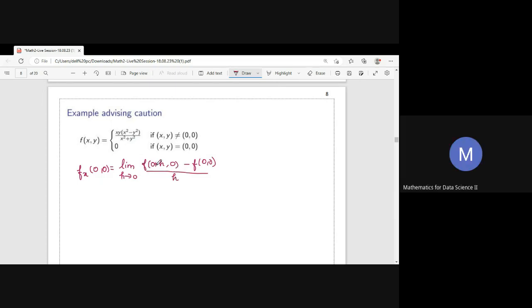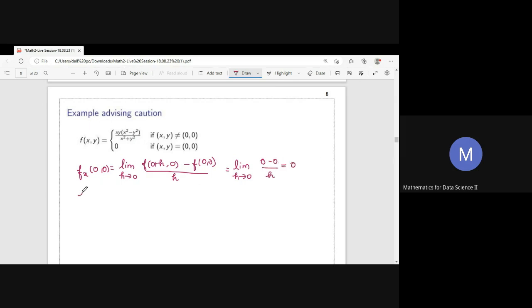And what is now f of h comma 0? For h comma 0, you have to see here. If one value is 0, you see the term becomes 0. So here it is limit h going to 0. f of h comma 0 is 0 and f of 0 comma 0 is also 0. So this value becomes 0.